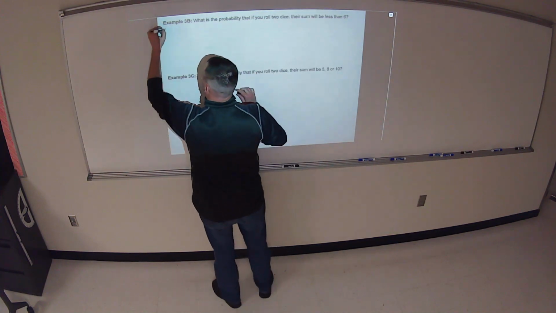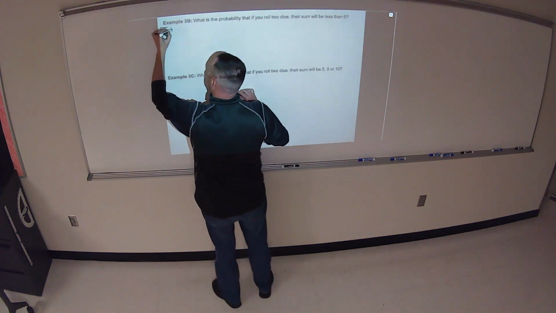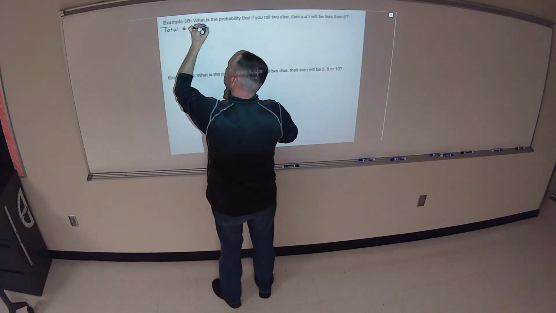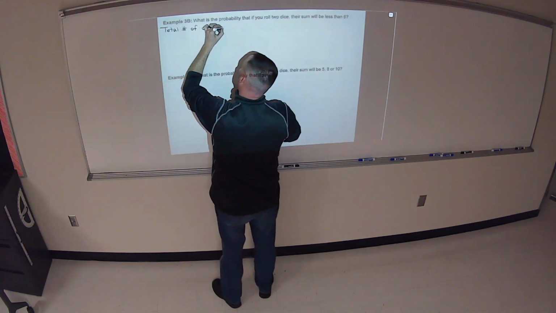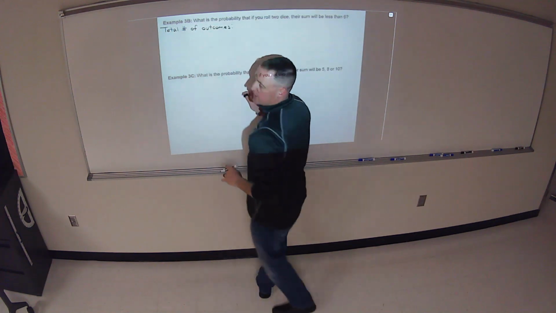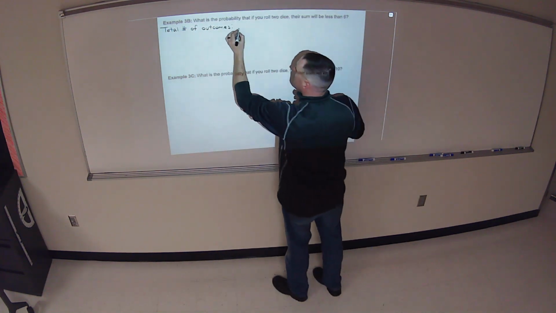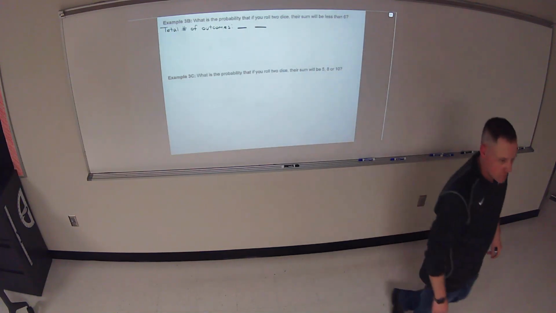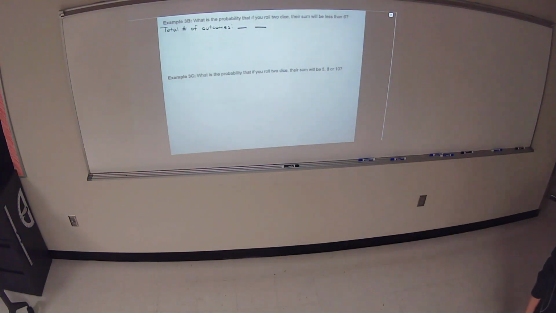This is what we practiced yesterday. Total number of outcomes. Okay, how many dice are we rolling? 2. So just like our opening problem during third period, I'm going to draw 2 blanks. In each of those blanks, we're going to write how many possibilities we have.